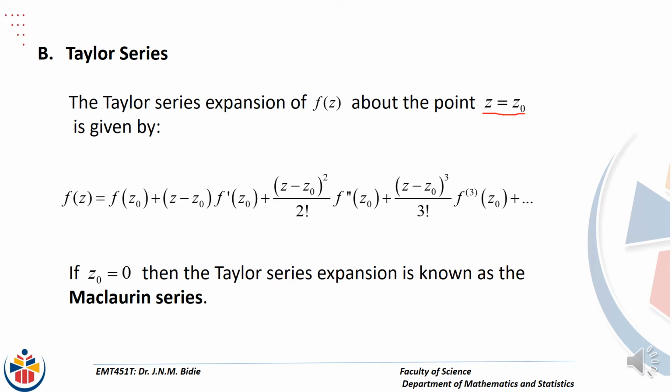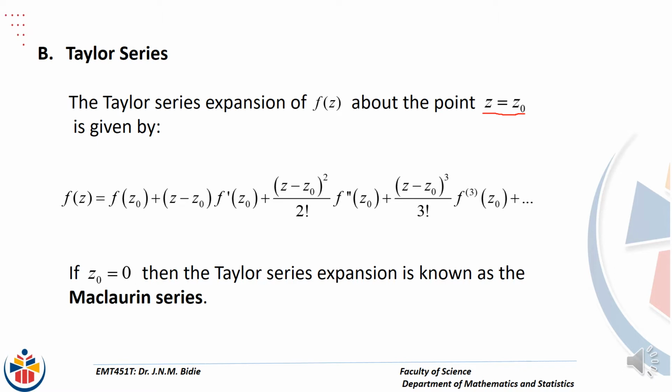The second term is z minus z naught multiplied by the first derivative of f of z substituted with that point z naught. The third term, z minus z naught all squared divided by 2 factorial multiplied by f double prime, which is the second derivative of f of z substituted with z naught, and so on.